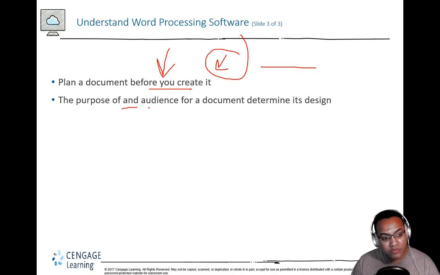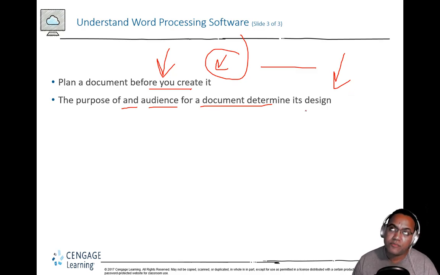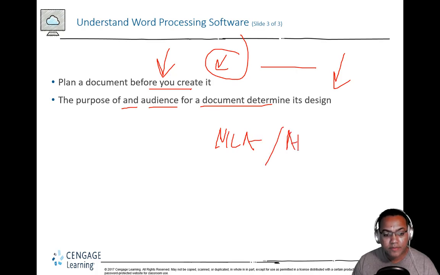The purpose of and audience for a document determines the design of the document. What does that mean? If I'm writing an essay for school, their basis for how the document is going to be written has already been determined. If they tell me to write in MLA format, as some of you might have written in, or APA format, you will know that the format of the document has already been dictated to you. So the purpose of and the audience for the document determines the design of the document.